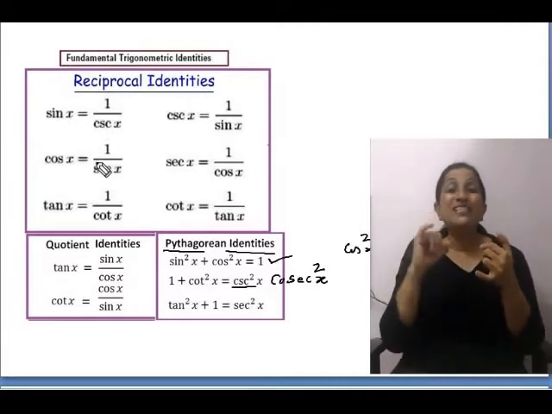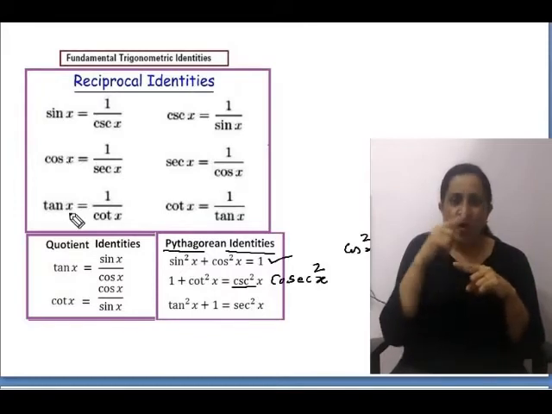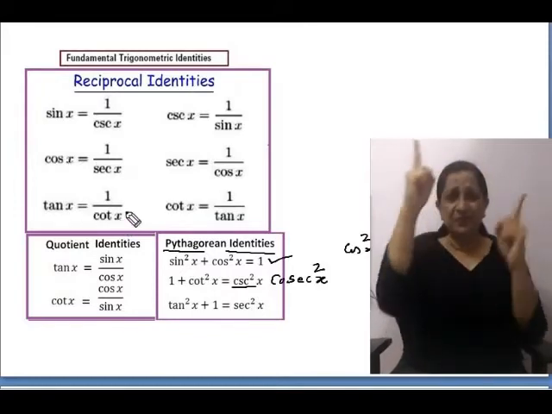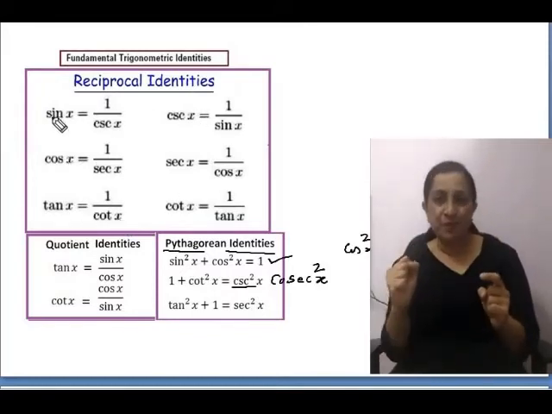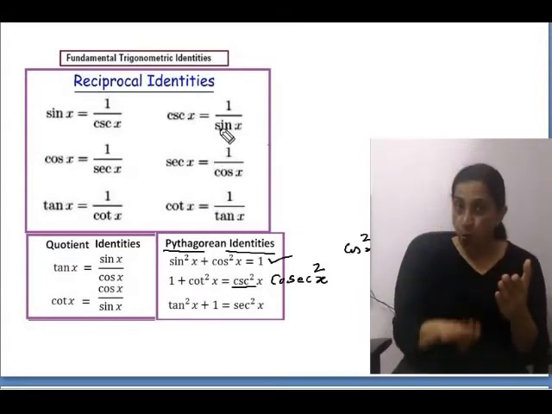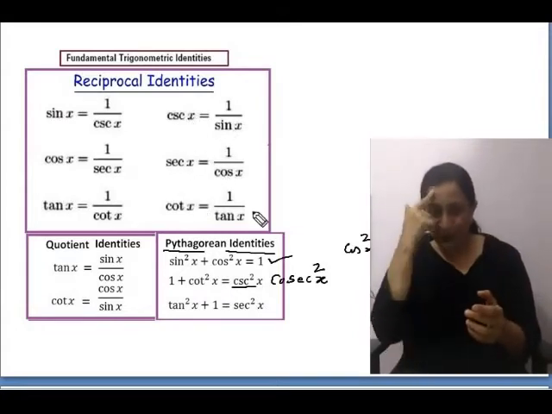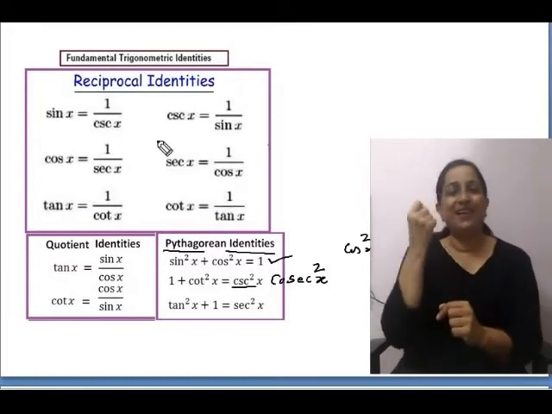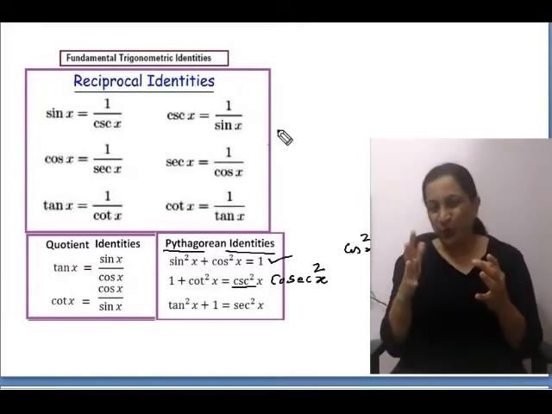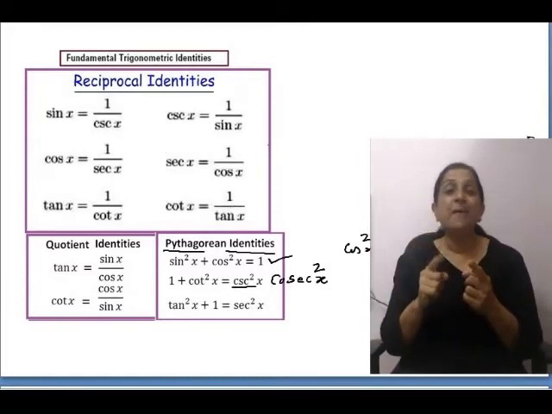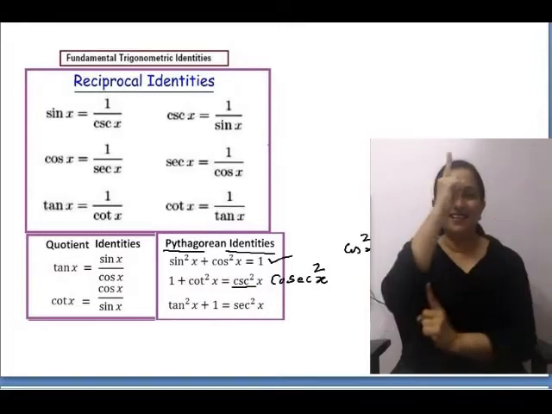Cos x has its inverse as sec x, tan x has its inverse as 1 upon cot x. Cosec x, obviously, is the inverse of sin x. Like that you must remember. If you don't know that fundamental trigonometry, then you will not be able to score anything in trigonometry.